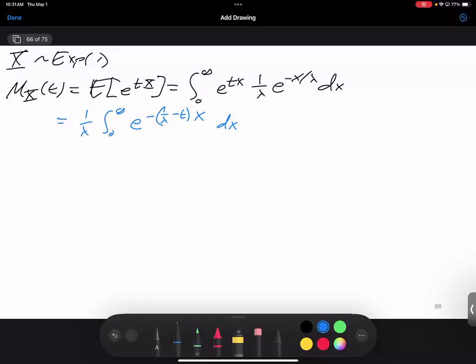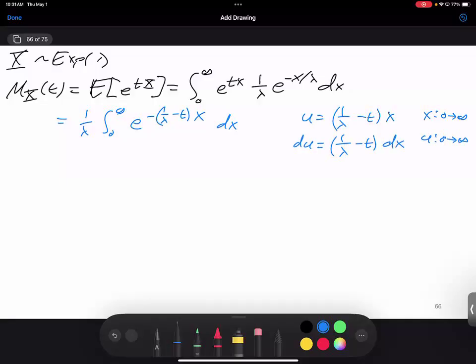So we need to calculate what this integral is. Let's change variables. Let u equal (1 over lambda minus t) times x. So du is (1 over lambda minus t) dx. If x goes from 0 to infinity, where does u go from? It's also going to go from 0 to infinity. Right? Okay, I have a dx, and I don't want dx. I want (1 over lambda minus t) dx.